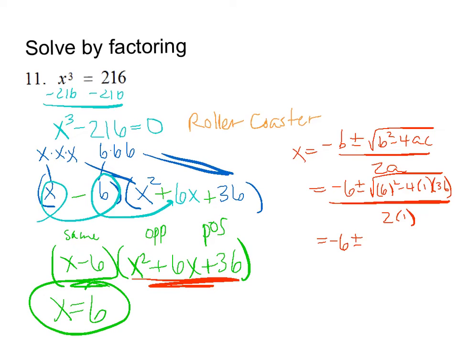Negative 6 plus or minus square root of negative 108 all over 2. I need to take 108 and see if that can be simplified. Oh, but look, it's negative. So I need to first take out an i.